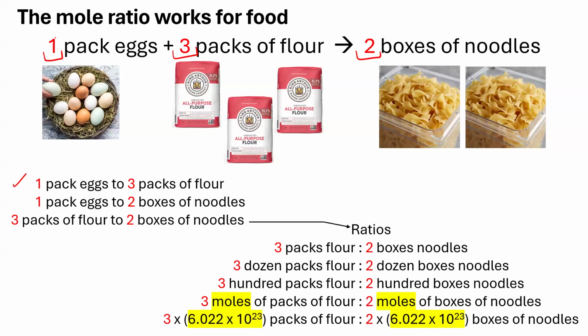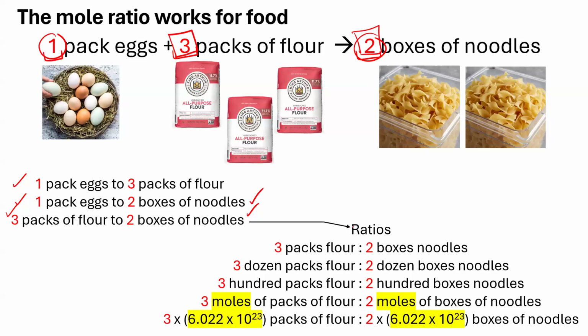It is a 1 to 2 ratio where we have 1 pack of eggs to 2 boxes of noodles. And we also have the ratio of 3 packs of flour to 2 boxes of noodles.